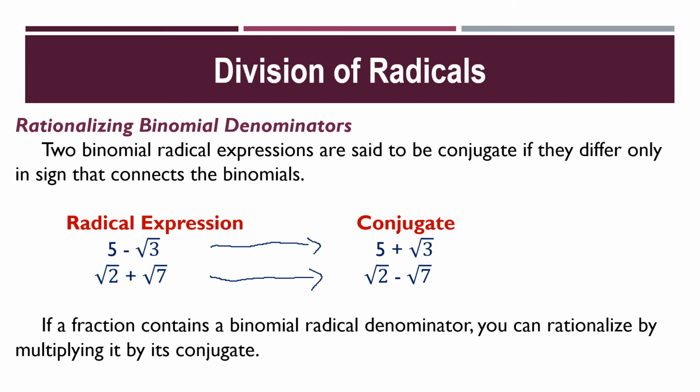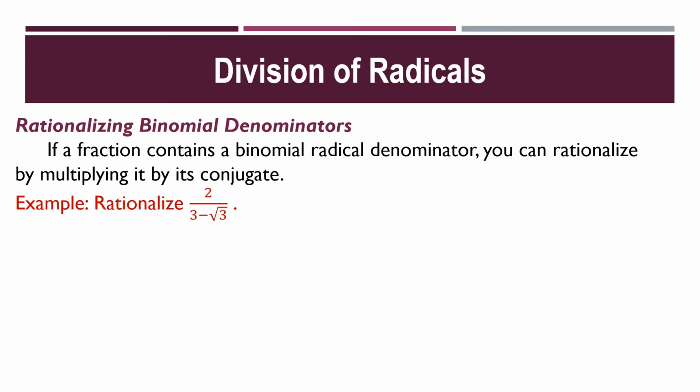Now, if a fraction contains a binomial radical denominator, you can rationalize it by multiplying it by its conjugate. Let's have an example. So again, keep in mind that if a fraction contains a binomial radical denominator, you can rationalize it by multiplying it by its conjugate.